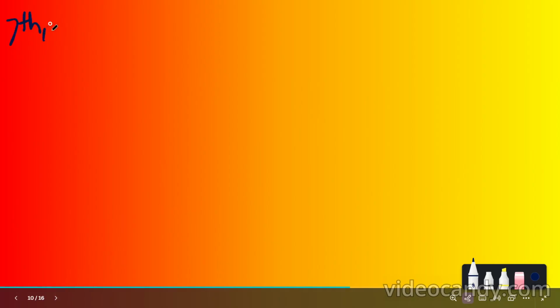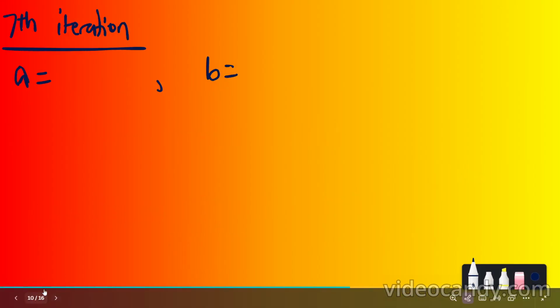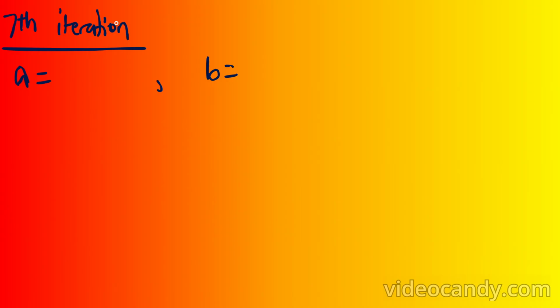Okay, for the final iteration, for the next iteration, A and B: if the number became negative in the sixth iteration, then what's the answer? A is 1.5078125.